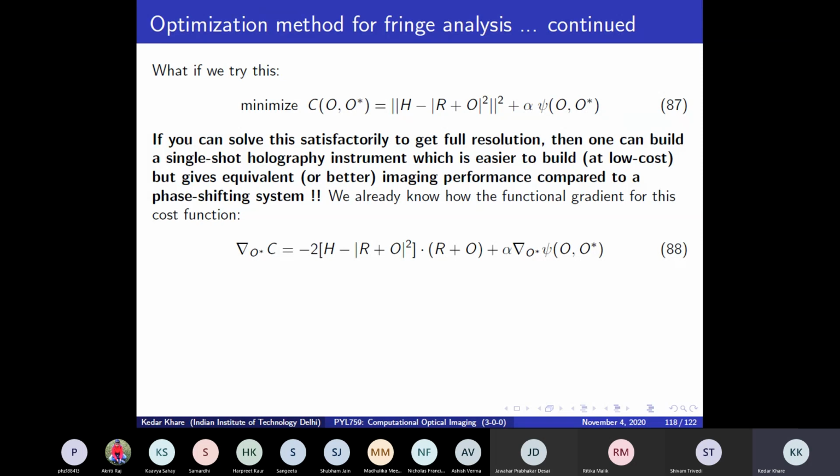And if you can design a simple iterative algorithm that follows the minimization of this cost function, then eventually you will get to a solution. And if that solution is what you desire, or if it is physically meaningful, then now you have a system which works at single shot. It can be built easily, and the performance is not really bad. The performance is actually equivalent to what a full resolution phase shifting system can give you.